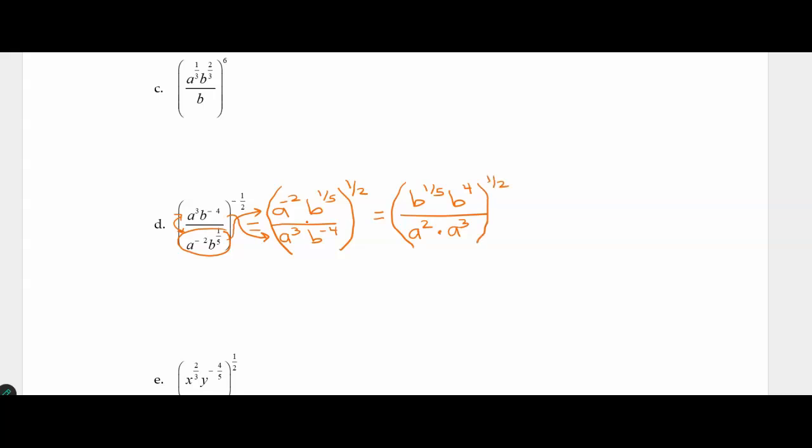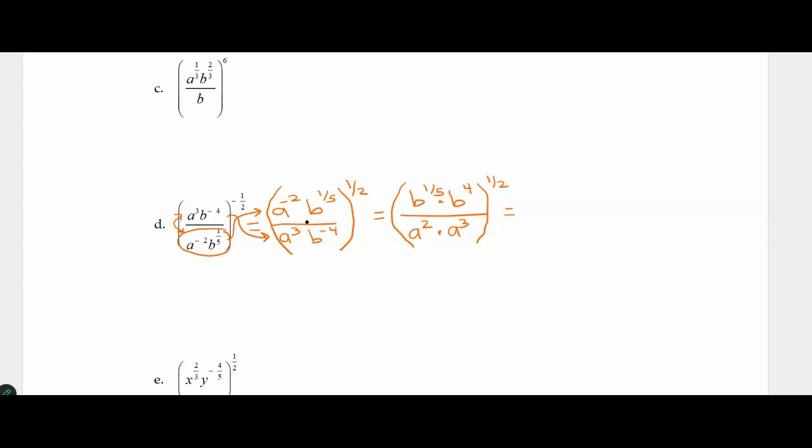Haven't used that part yet. At this point, you could distribute that 1/2 power through to everybody if you want to, but that's just going to give you fractions kind of everywhere. So I would rather combine my b's together and combine my a's together and get everything together on the inside.